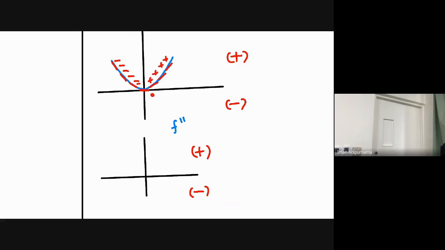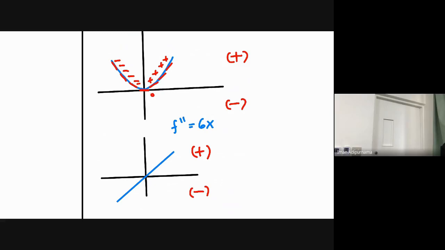Because we know the graph will be a linear function, it's just a straight line. We can say that this is our f double prime. It's 6x. Maybe we need it to lean more towards y, but let's just say this is 6x.